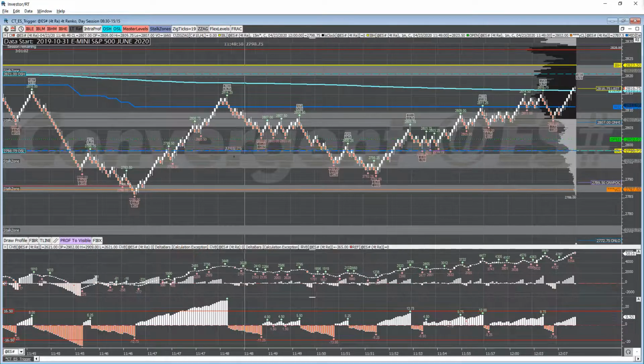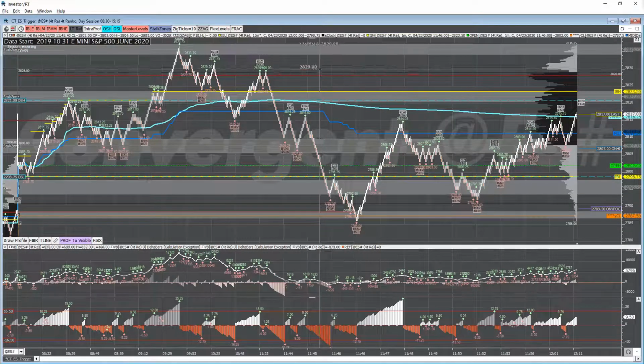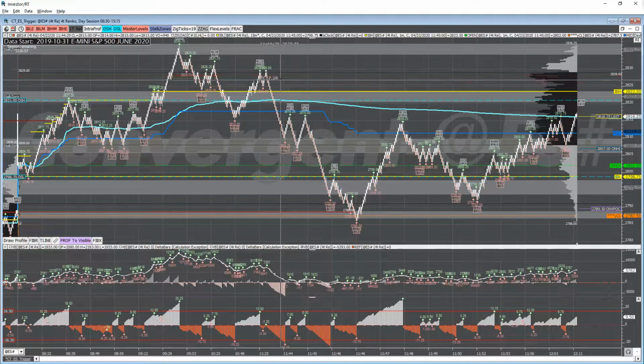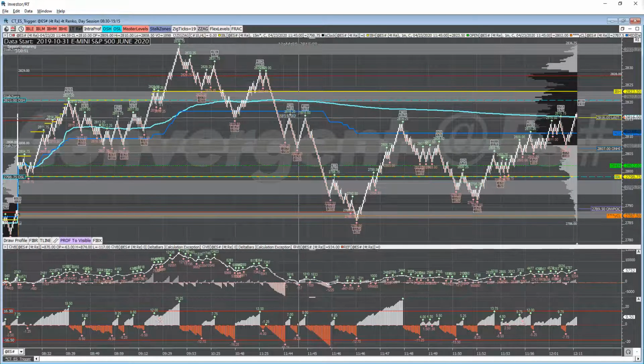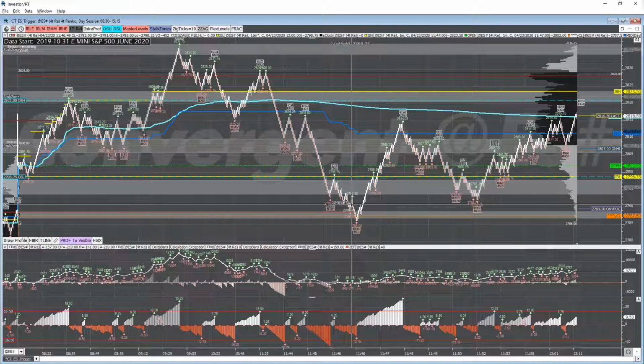More information is not necessarily a good thing, right? You don't see this consolidation here. You don't see this action in here, this 16 quarter, 16 test, break, and so on. You don't get to see that in a 1 minute bar chart because all it cares about is time.